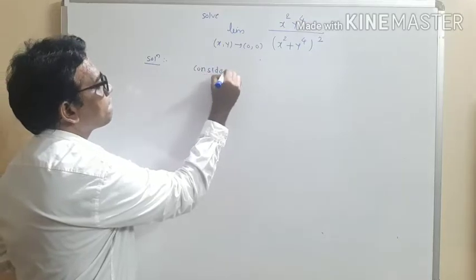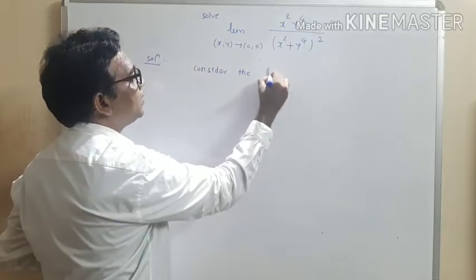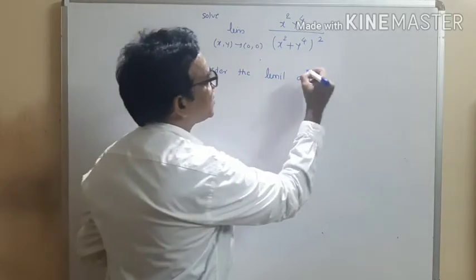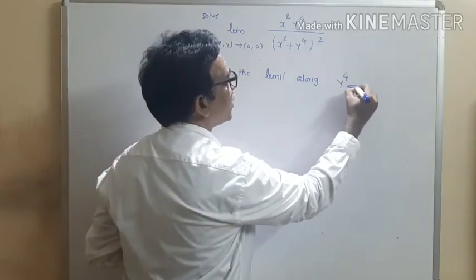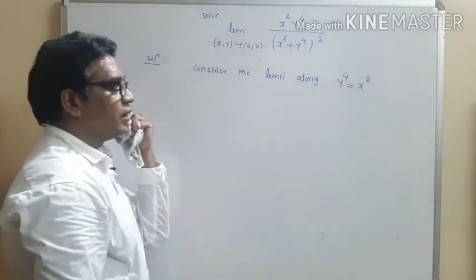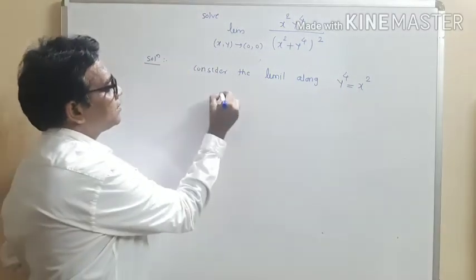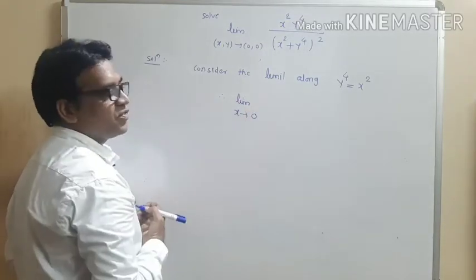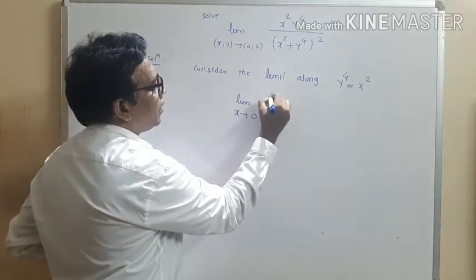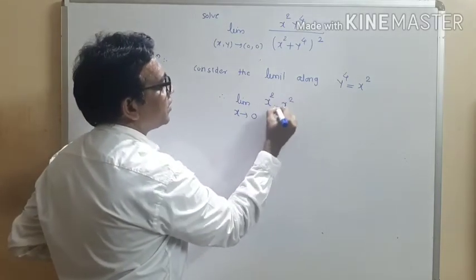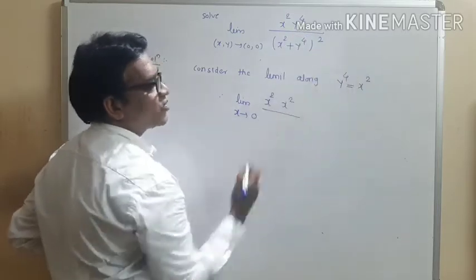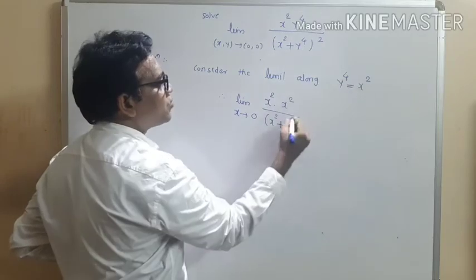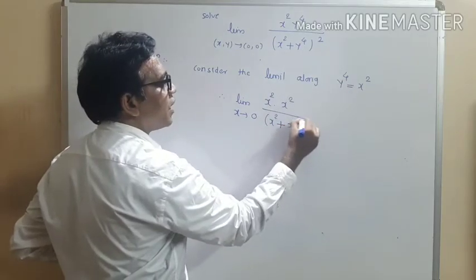So write down this part. Consider the limit along, now this is our third path, y raised to 4 is equal to x square. So use this third path. So we get limit x tends to 0, x square into x square, put y raised to 4 equal to x square, upon x square plus, again put this y raised to 4 equal to x square, and this is bracket square.